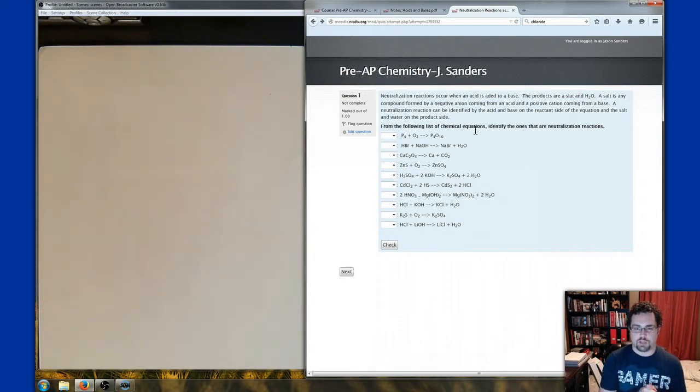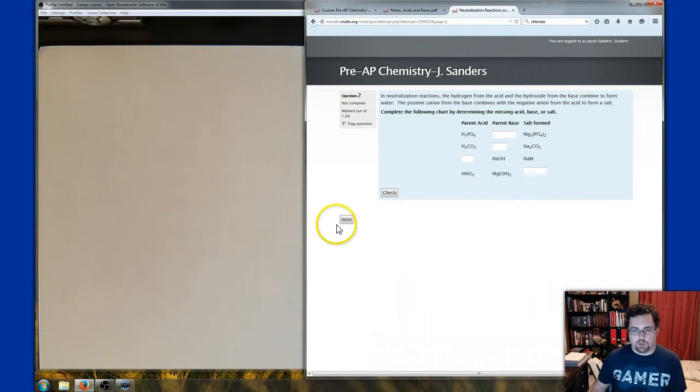The neutralization reaction can be identified by the acid and base on the reactant side of the equation and salt and water on the product side. So on these, you're just telling me, is it a neutralization reaction? So you want to look and see if it's got water. If it's got water and it had an acid and a base on that side, and the acid anion and the base cation form the salt, then that's going to be a neutralization reaction. So that one is one.